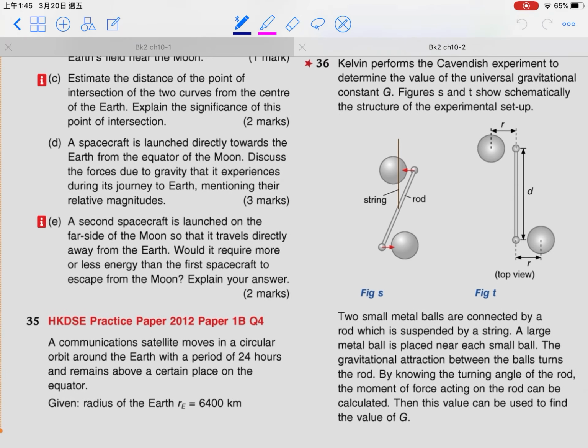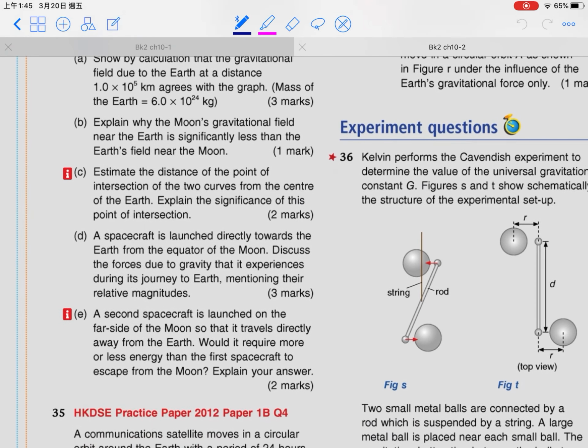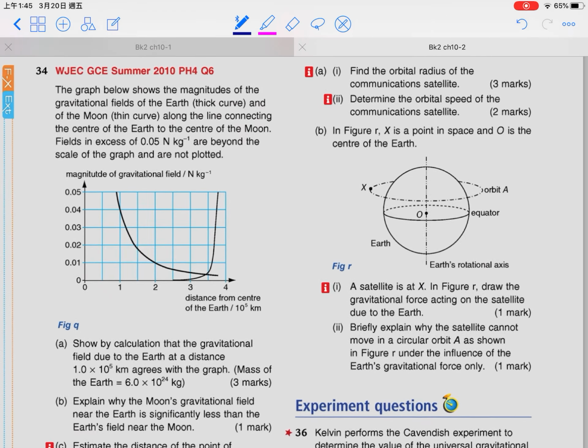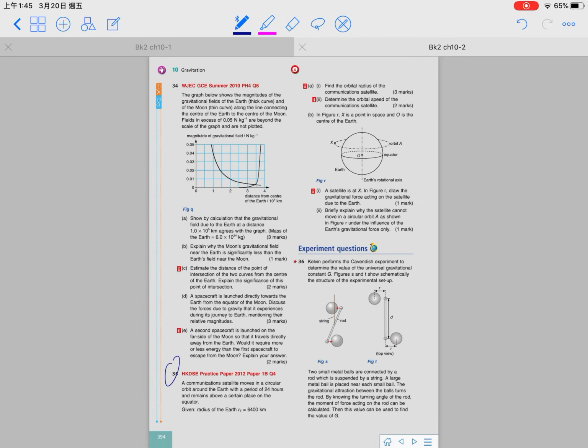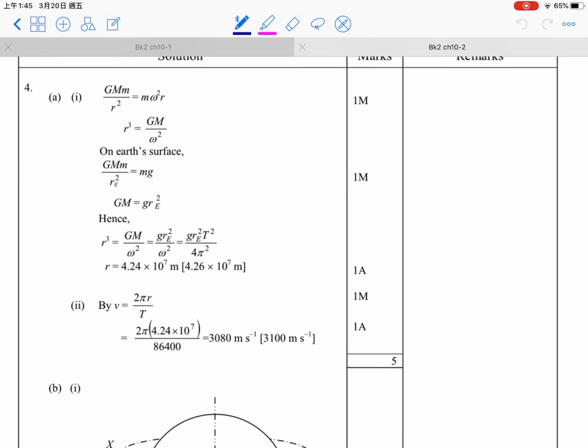And also please try the DSE practice paper. This is very important. There is question 35. You should use chapter 10.2 knowledge in solving this question.